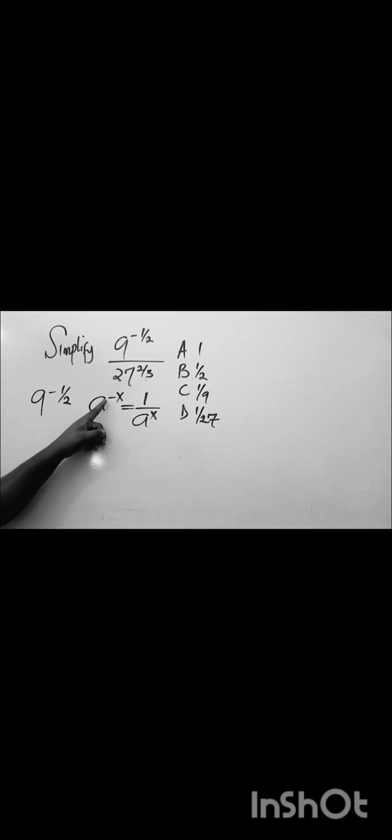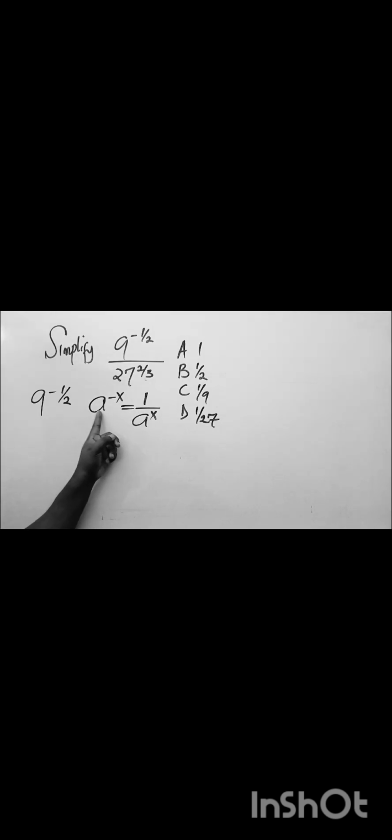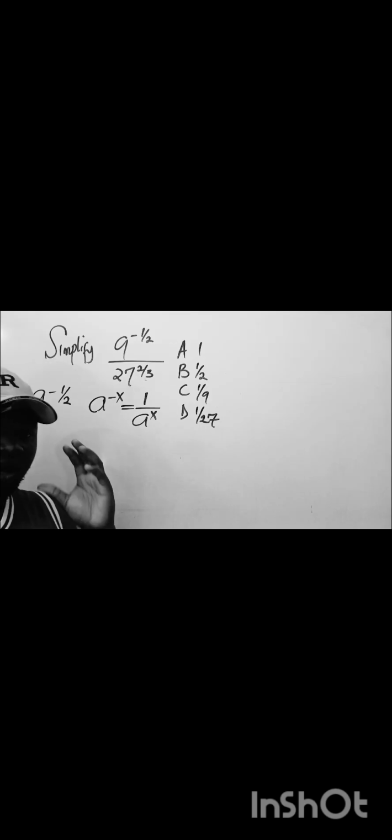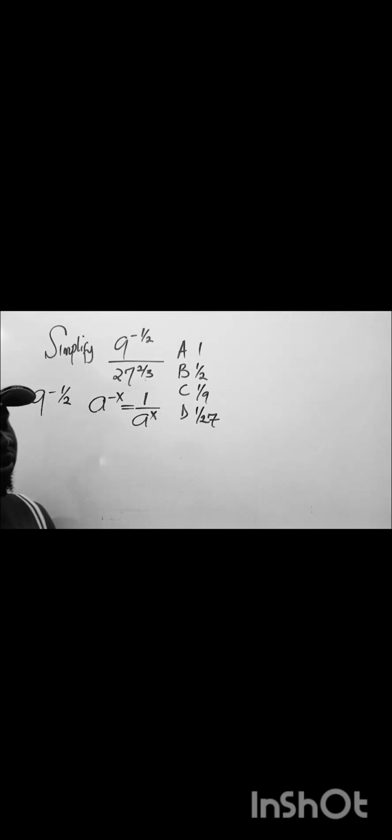So this minus will change to 1 over the base raised to power x. This is a law called the negative index law. Applying it here, we have 1 over 9 raised to power 1 over 2.